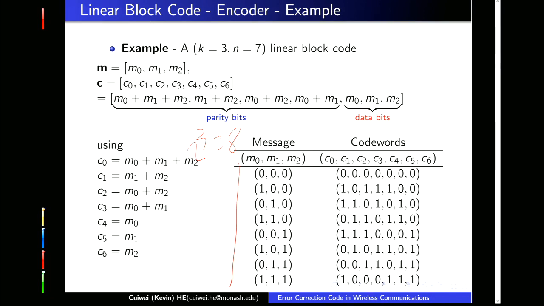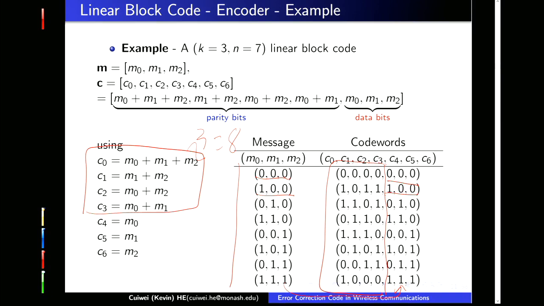If we check the last 3 bits inside the code words, it's nothing but an exact copy of the message sequence. You can see that 111 is copied here, 000 is copied here, maybe 100 is copied here. And the first 4 bits are the parity bits. How we got the first 4 bits is using this calculation.